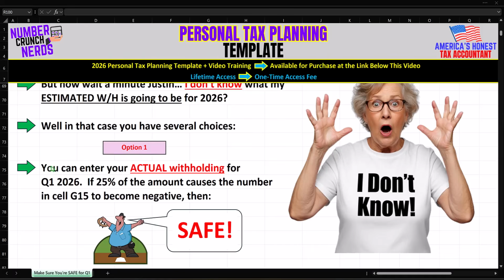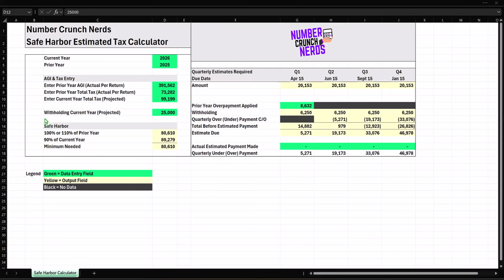Option number one is that you can enter your actual withholding from Q1 2026, and then if 25% of that amount causes the number in cell G15 to become negative, then guess what? You are safe. Okay, coming back over here to the safe harbor estimated tax calculator.